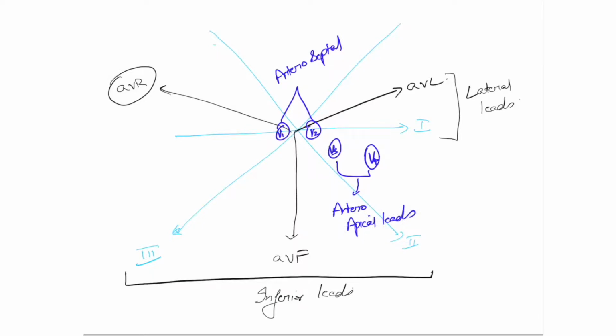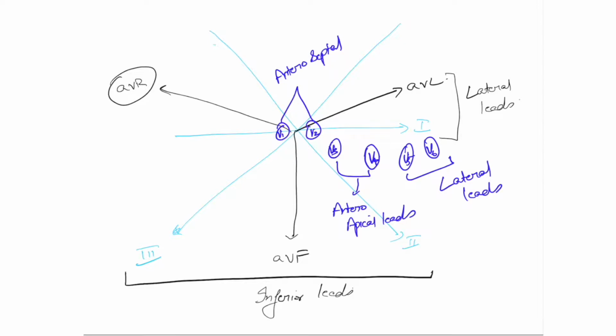And lastly, you have V6 and V5. And if you think about these being placed in the mid-axillary line and also between V4 and V6, they're again lateral to the heart. So they're still giving you a view of the lateral side of the heart, and these are still the lateral leads.